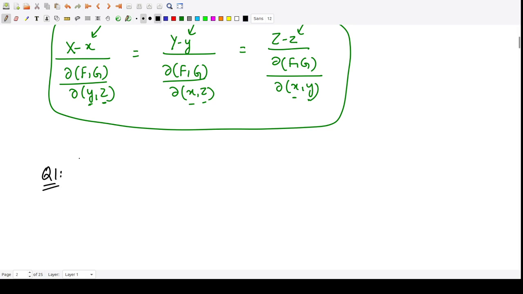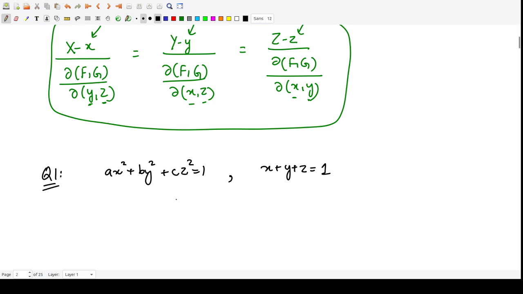This question says, if we are given two surfaces, the equations are ax² + by² + cz² = 1. This is one surface, and another surface is given to be x + y + z = 1.